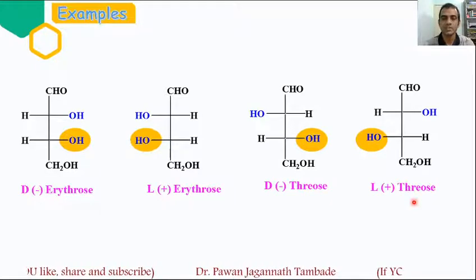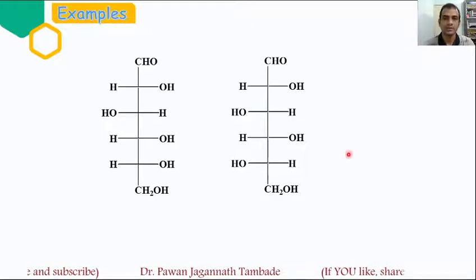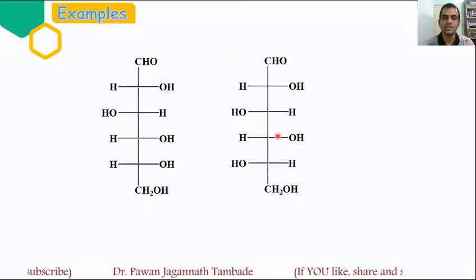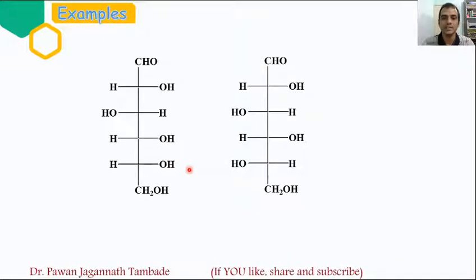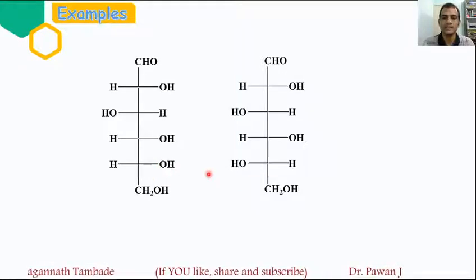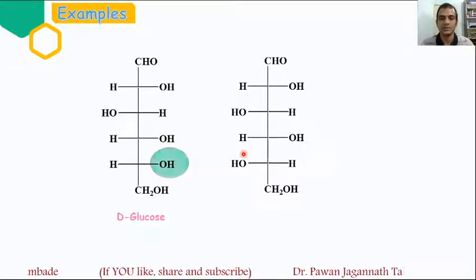Now we will go towards some more examples of D and L designation. Look at this structure. These two structures are nothing but structures of the glucose molecule. The only difference in these two structures is the position of this OH. Here OH is present on the right hand side, and in this case this OH is present on the left hand side.